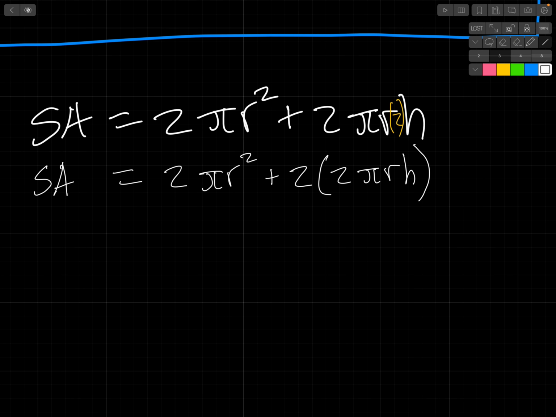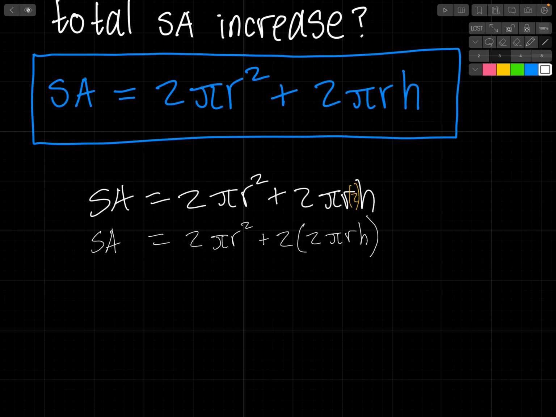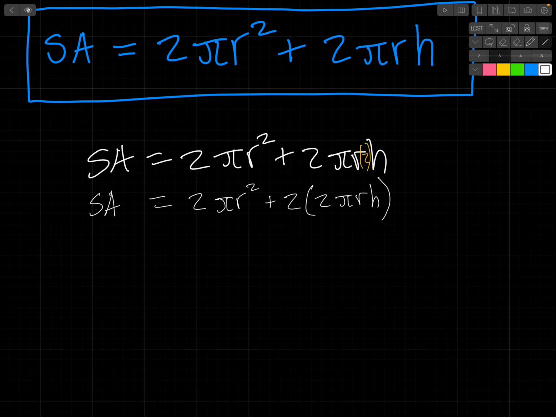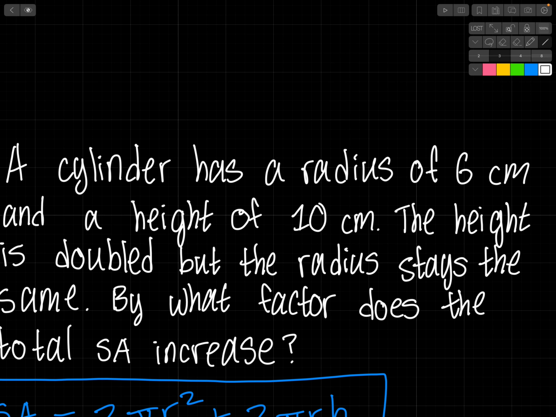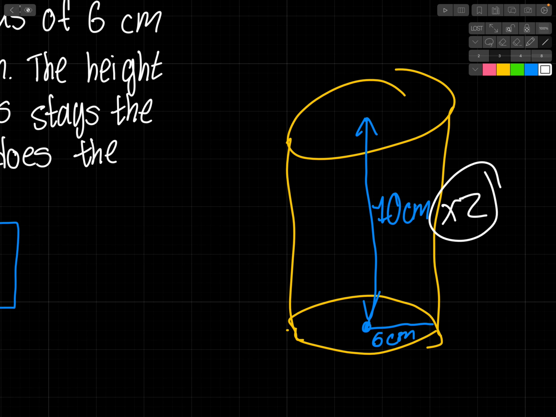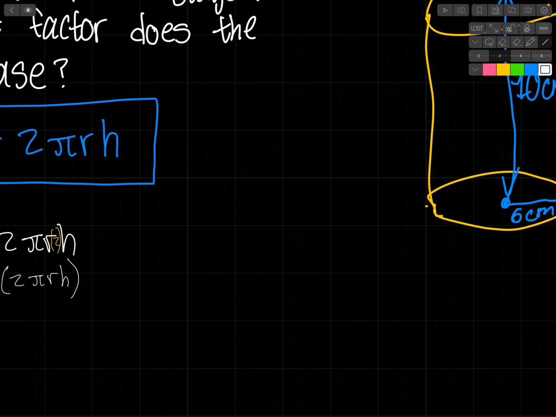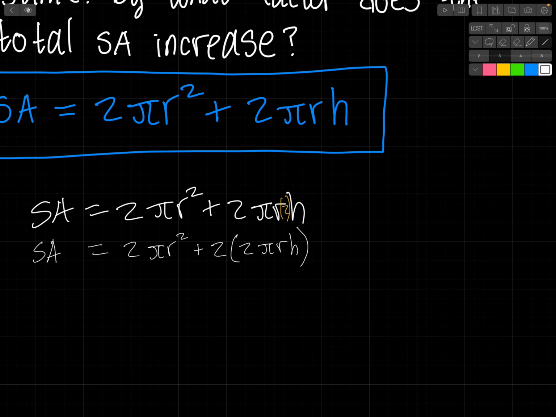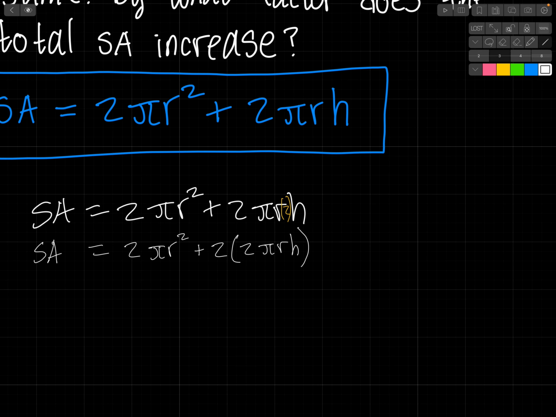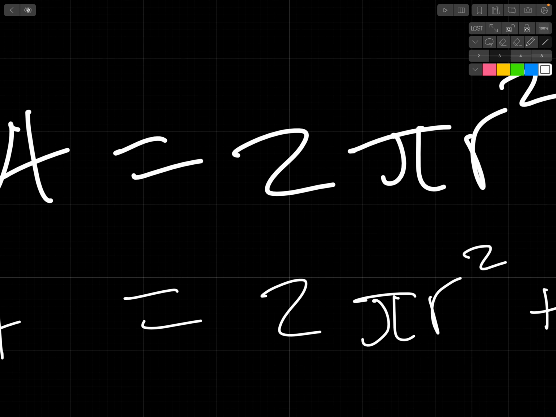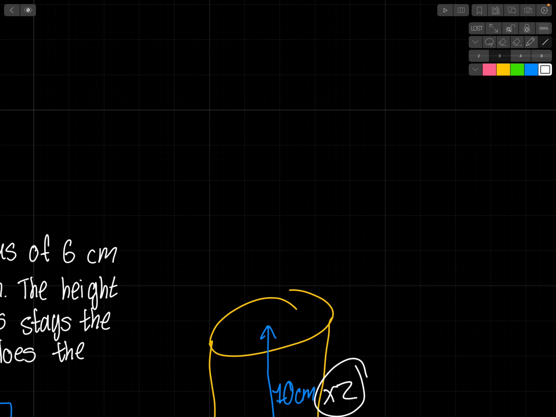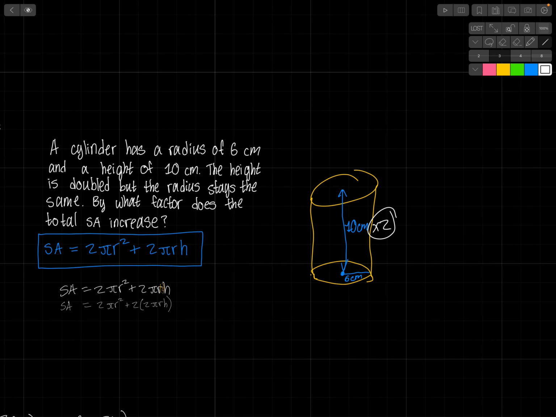It's being doubled. So essentially, you just say that the lateral surface area, aka the body of the cylinder, is being doubled, but the surface area of the two circles of the cylinder, this one and this one, stay the same.